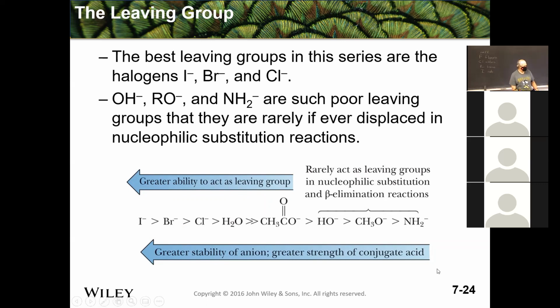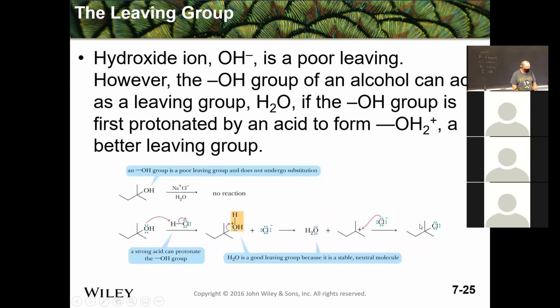Over on the other side, NH2 minus is a very strong base, so it's a really poor leaving group. Hydroxide ion, OH minus, is a poor leaving group.